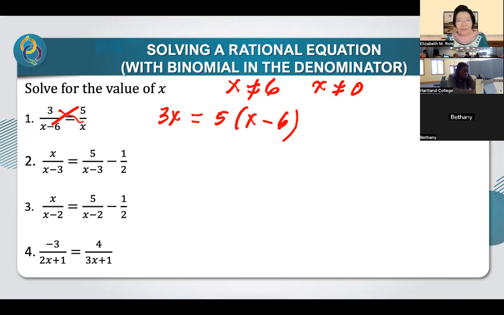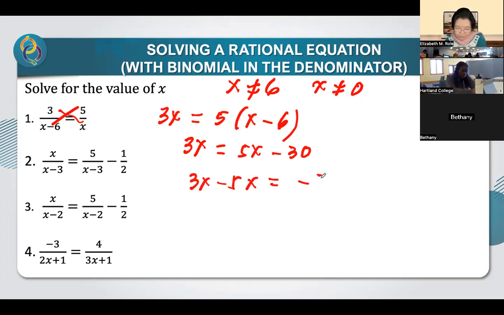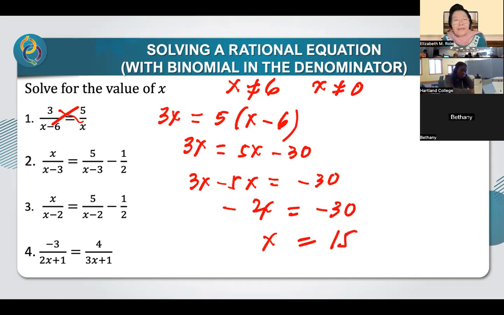So you can just do cross multiplication, a shortcut kind of thing. So you now have 3x is equal to 5x minus 30. So 3x minus 5x is equal to minus 30, minus 2x is equal to minus 30. x is equal to positive 15. So that's what it is for number 1.